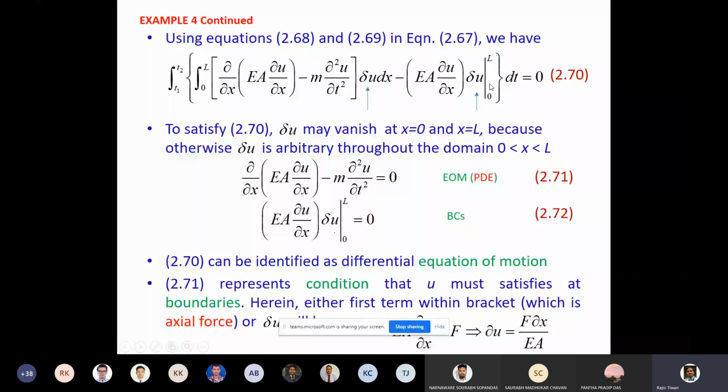The solution of this partial differential equation we'll see subsequently, but if you see carefully, this kind of equation you already solved in mathematics. Basically, the form of the equation is similar to the wave equation, and wave equation you already solved in mathematics.